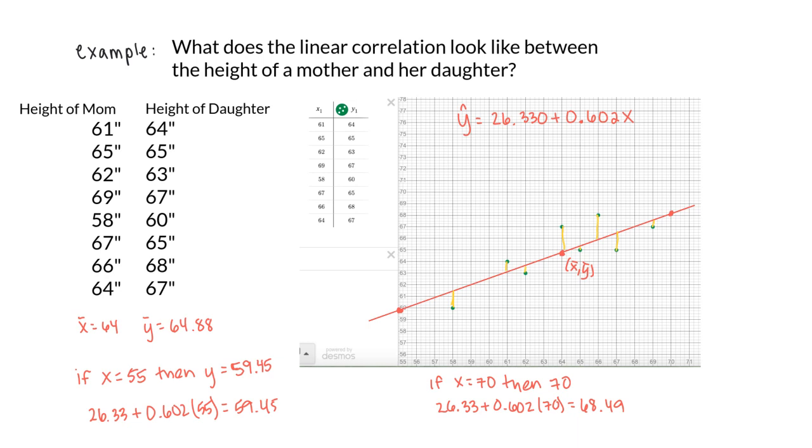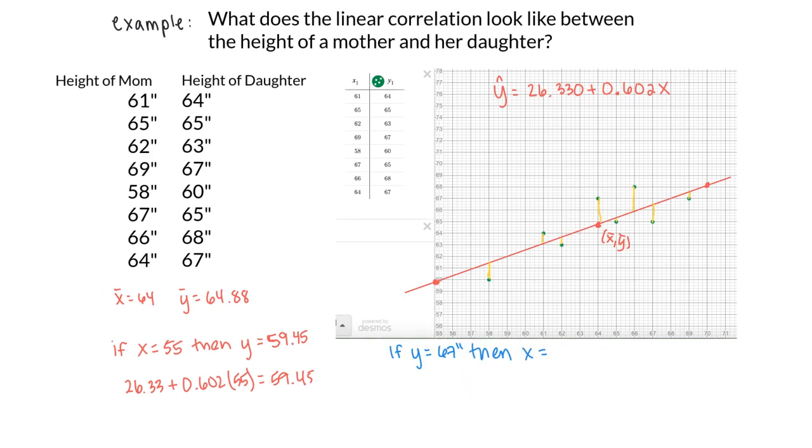The equation works the other way too. So if we pick a y value, we can plug that in to find the corresponding x value. Let's give that a try. So if we choose the daughter's height to be 67 inches, and we plug that into our equation, what we are doing then is solving this equation for x.